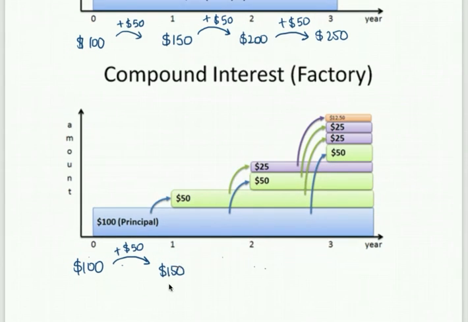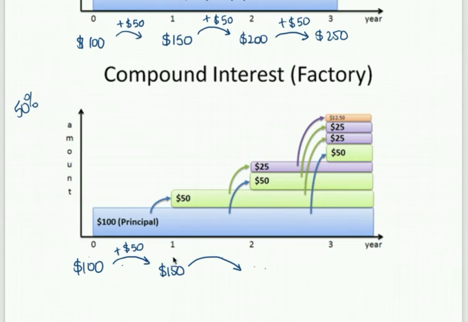Okay, so now if we leave it there for another year, how much money are we going to make? Now what happens, so again, the interest is 50%, right? So, in the first year, we took 50% of 100, and that's what you made.